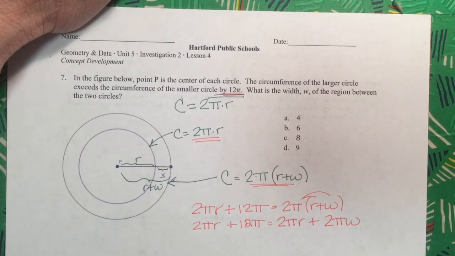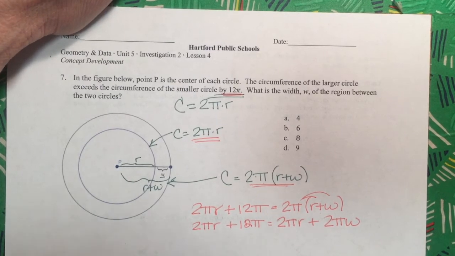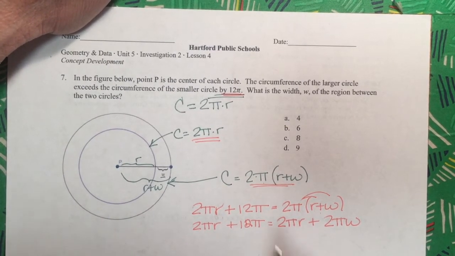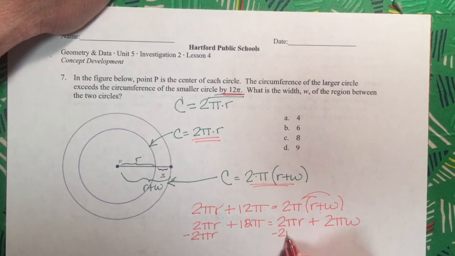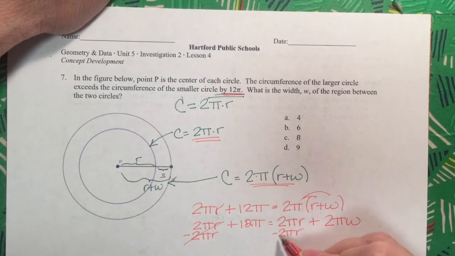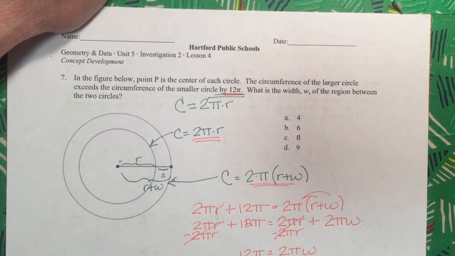Don't get worried about all these pi's and r's and w's. We just treat them like any other term in an equation. So we have a 2 pi r on both sides. First thing I'm going to do is clean this up by subtracting those so they both become zeros and cancel out. Now I'm left with 12 pi equals 2 pi times w.